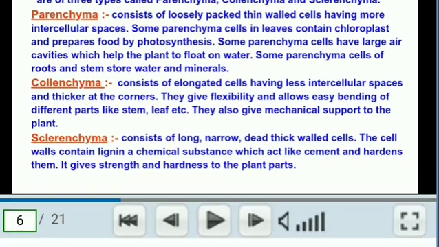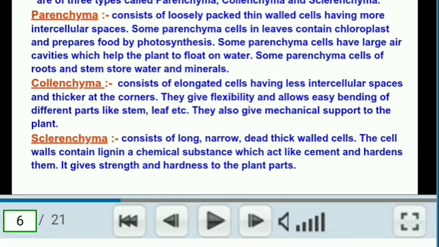Now the next one is collenchyma. Collenchyma has elongated cells with very little intercellular space, and they are thick at their corners. So how will we identify collenchyma? It has less intercellular space and is thick at the corners. They provide flexibility to the plant.